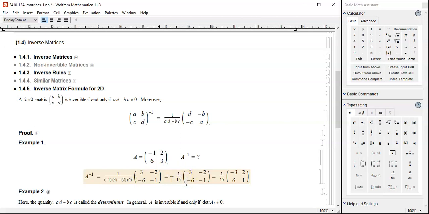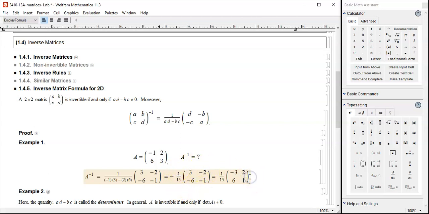We get -3 minus 12, so -1/15, excuse me. That's the scalar multiplication part. And as for the matrix part, switch the principal diagonal and then put negatives on the others. And that's what we have here.